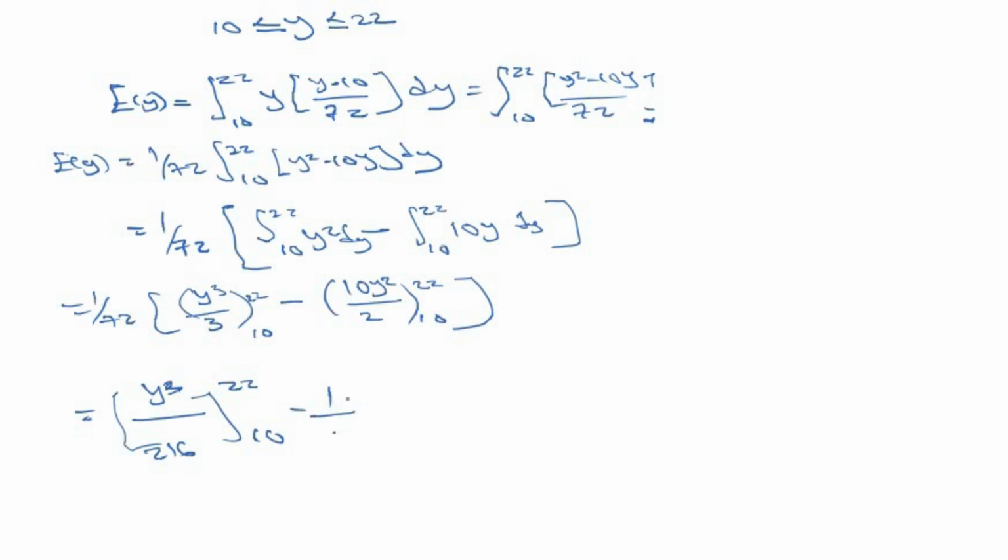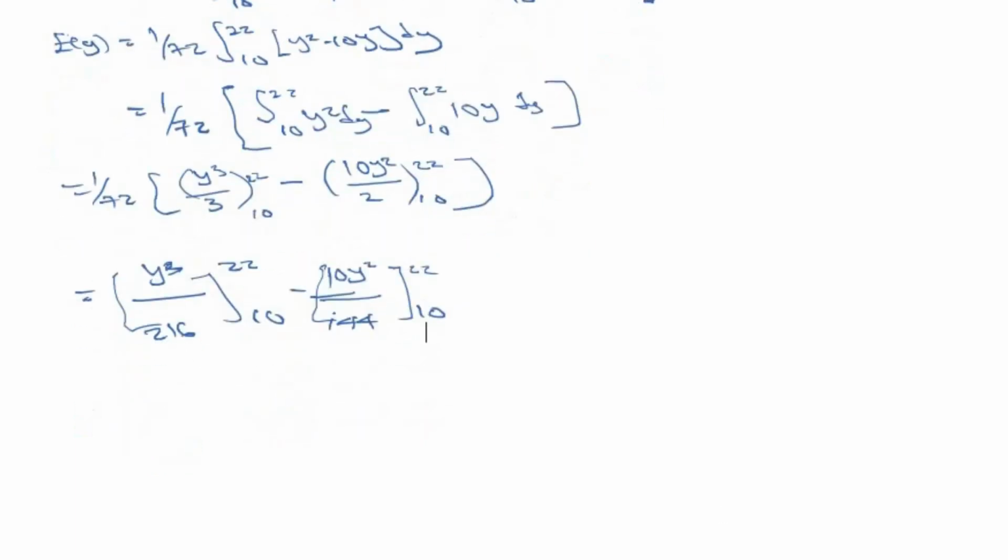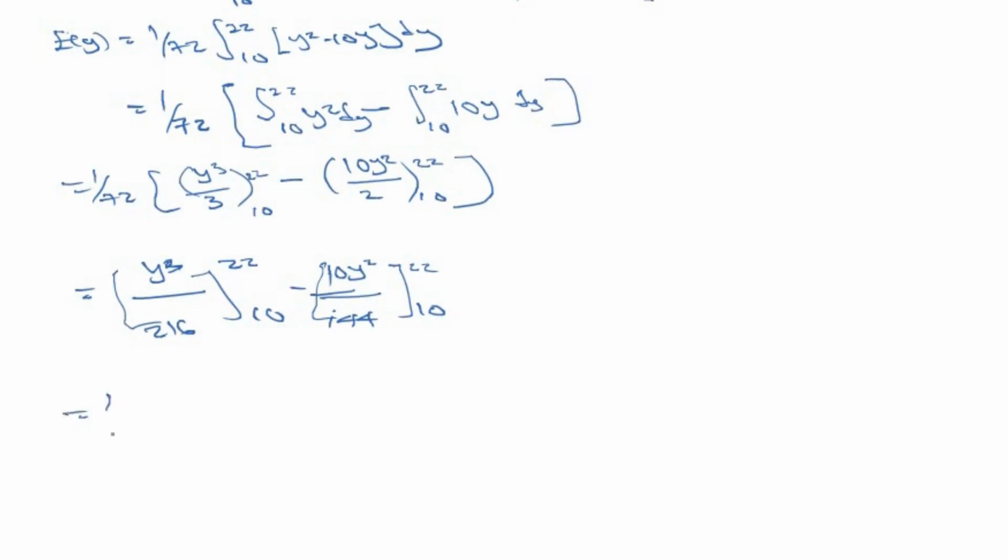Here also we have 10y squared all over 144, with limits from 10 to 22. So for inputting the upper and lower limits, we have 1 over 216 times (22 cubed minus 10 cubed), minus 1 over 144 times (22 squared minus 10 squared).